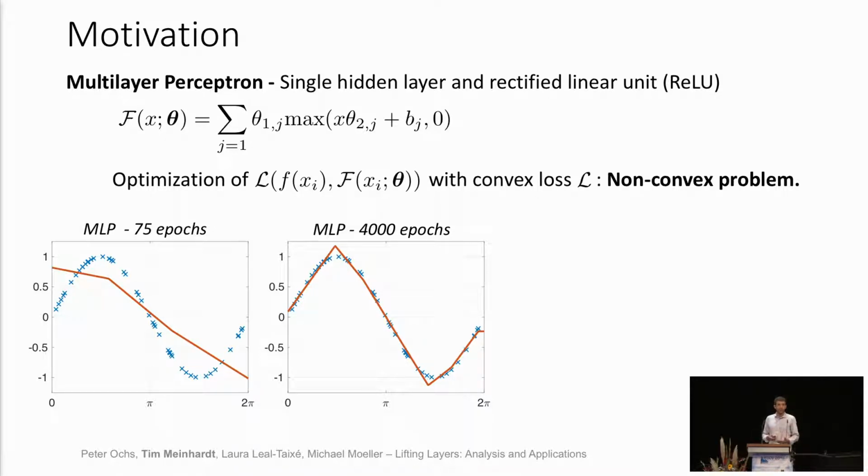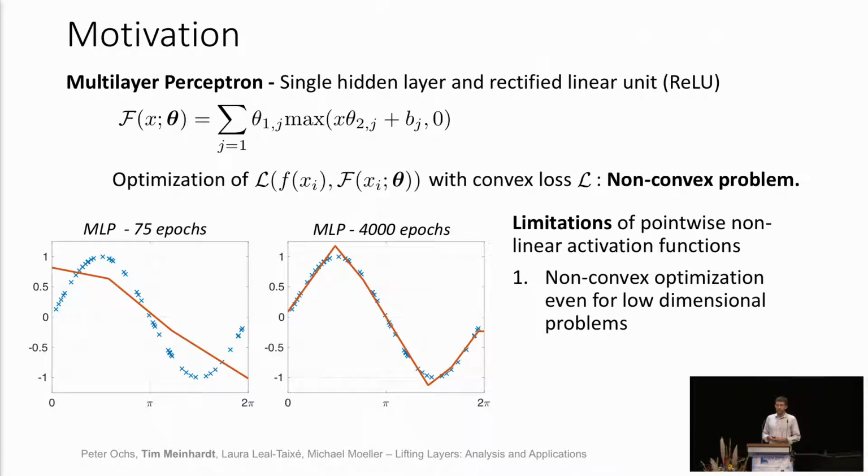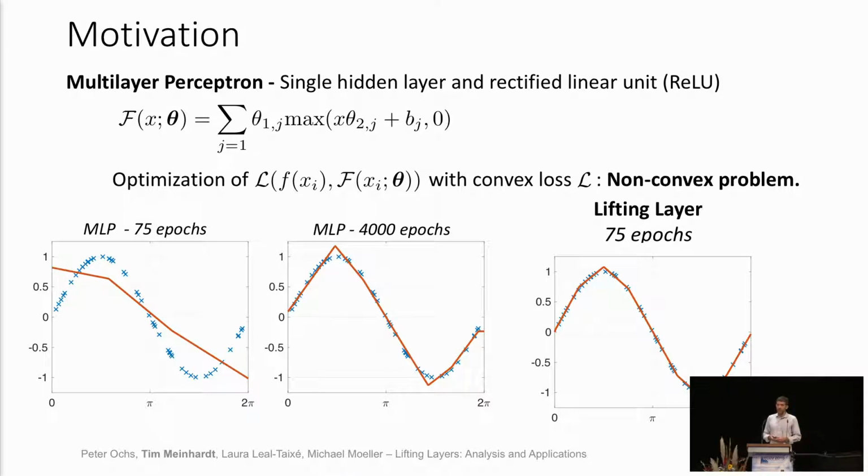Now, the layer that we want to introduce, which can also be integrated into a deep neural network, solves a convex problem, which is definitely a problem for the rectified linear unit, and it will preserve the data over the entire input interval. By introducing this lifting layer, we achieve a way better optimization after only 75 epochs.